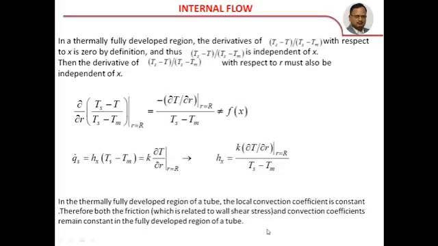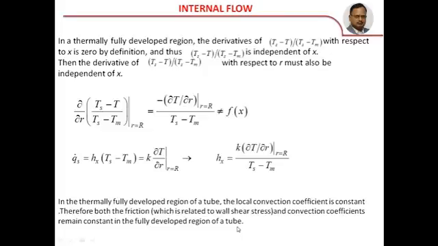No length term is involved in this. So in the beginning itself, if the Vd by nu value is more than 2300, right from the entrance of the tube to the exit of the tube, the Reynolds number remains the same, and the flow is fully turbulent right from beginning to the end.